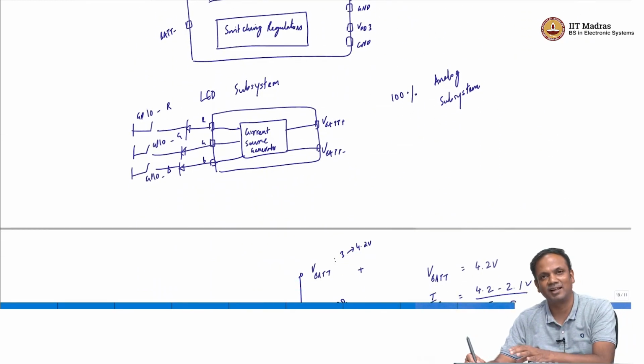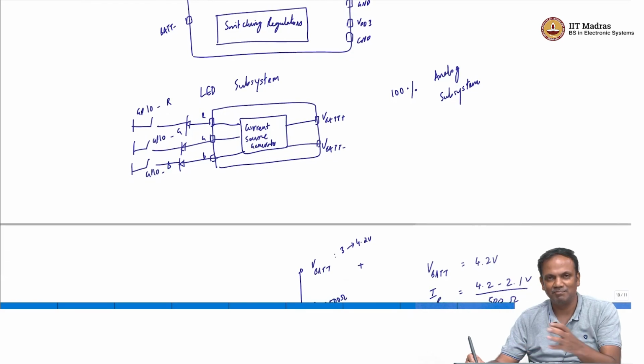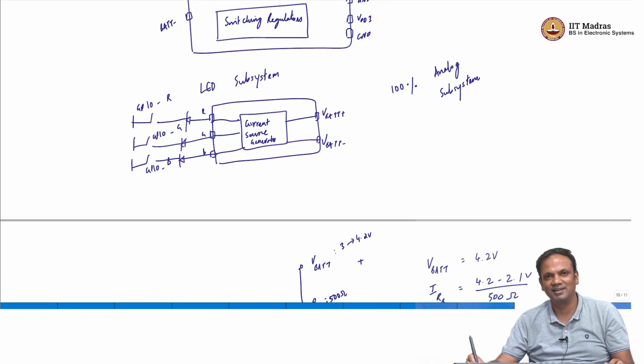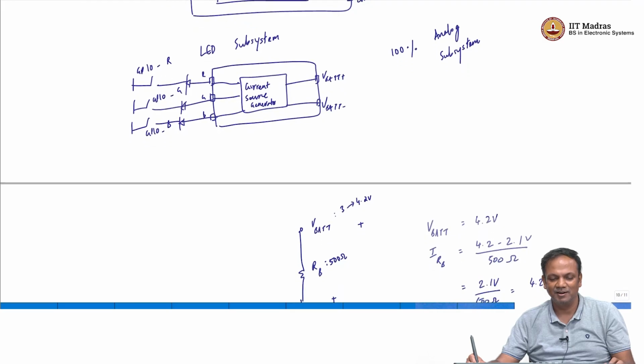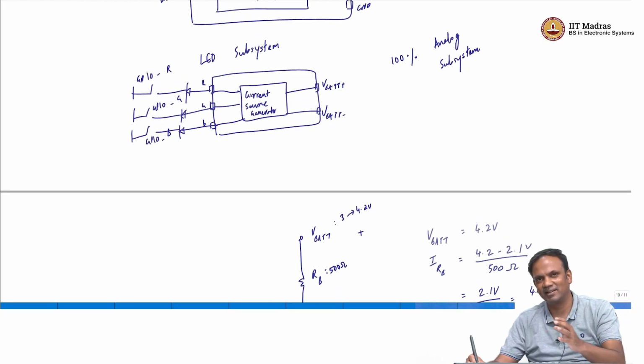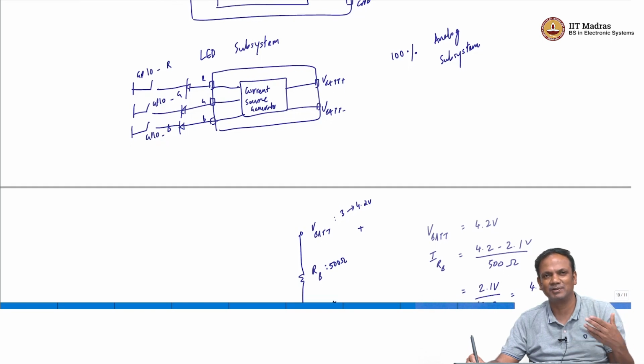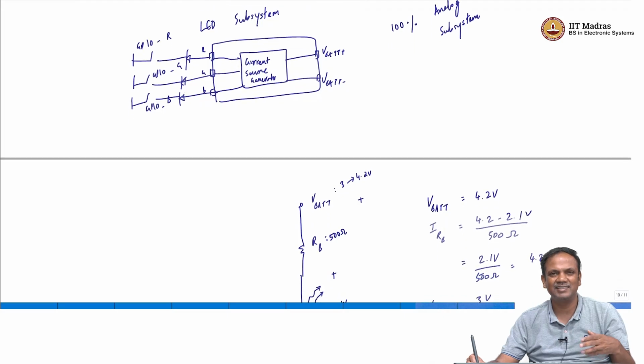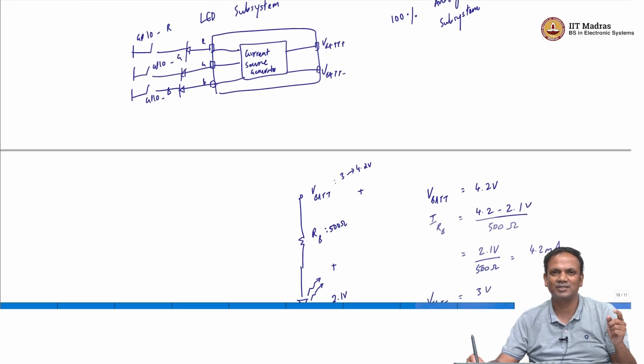It is a 100% analog subsystem. There are multiple ways to implement this analog subsystem. What is worth recognizing is that the control is one way. It is the MCU which decides when what light needs to come on and for how long. All that the LED subsystem is doing is ensuring that a current flows into the diode.